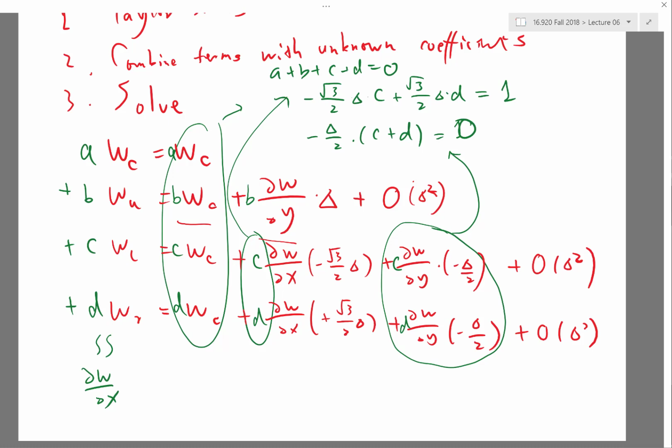I also have the b term, thanks. So let's rewrite it: we have delta times b minus the average of c plus d has to be equal to 0. And that's it, those are the three equations I have.